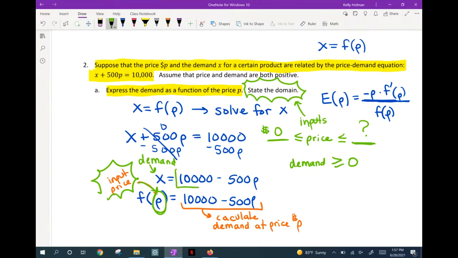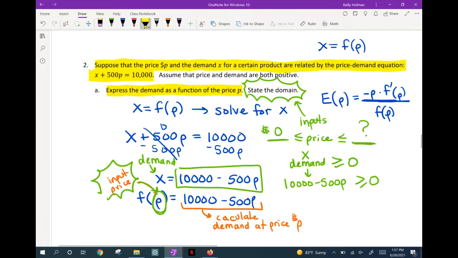We know the demand is this rule right here that has a P built in. So the demand X can be replaced, it's equivalent to this rule, 10,000 minus 500P. So that has to be greater than or equal to 0. Oh, you're close, Blue. Off a couple zeros, or one zero.